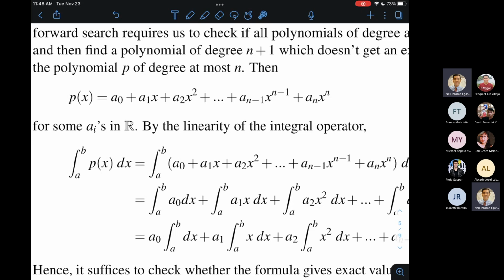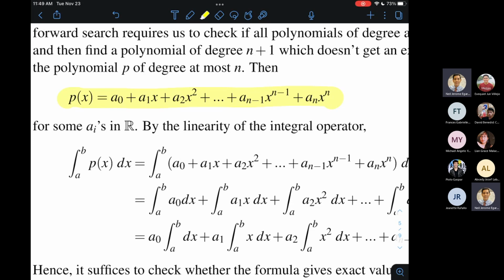So if I want to check if my formula is of degree of precision n, okay, kailangan ko mag-consider ng isang generic polynomial of degree n. At gusto kong i-force ang issue na ito, pag in-evaluate ko yung integral na to, magko-coincide yun exactly dun sa ibibigay ng aking quadrature formula. Alright? Where here the a sub i's are all constants.